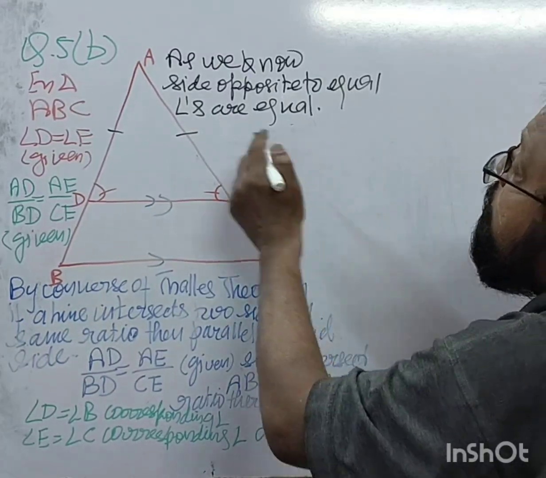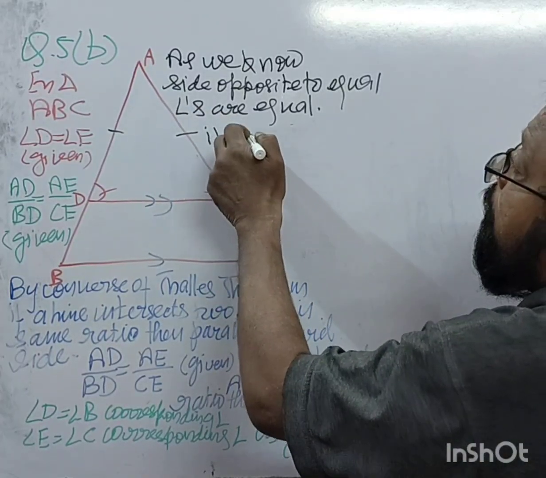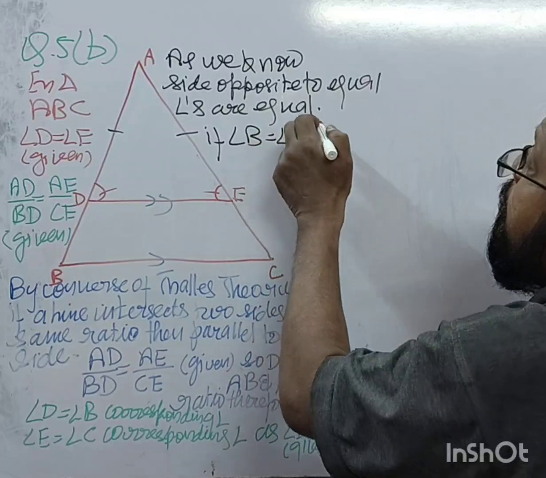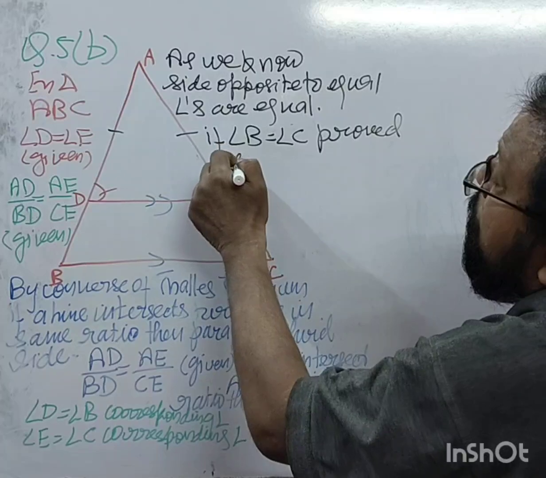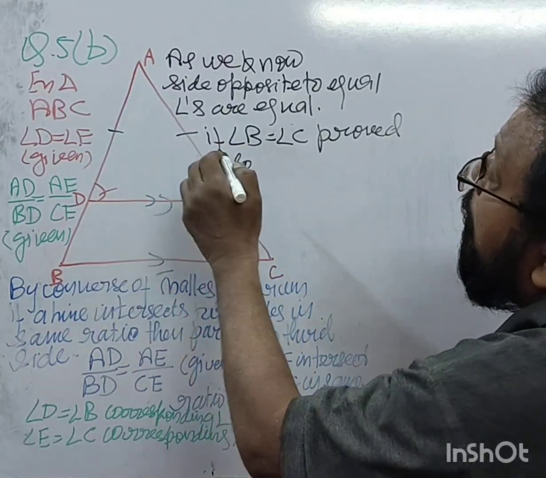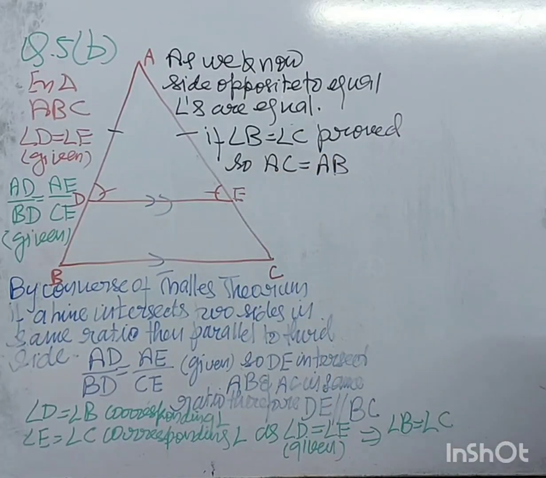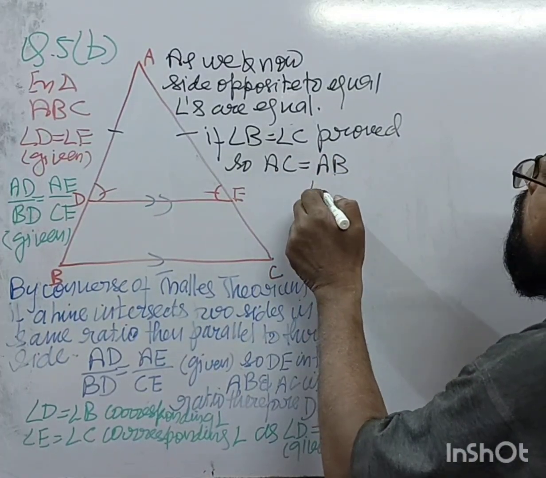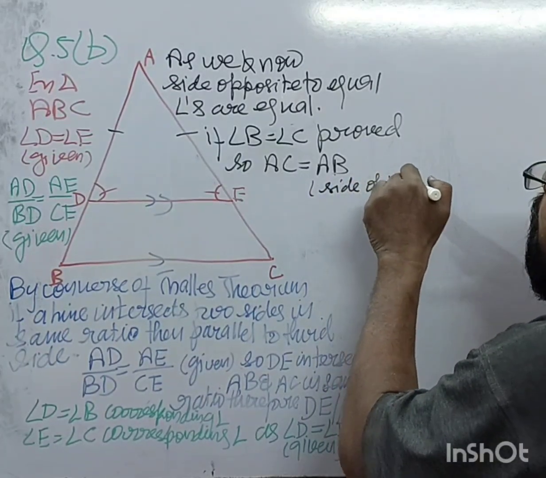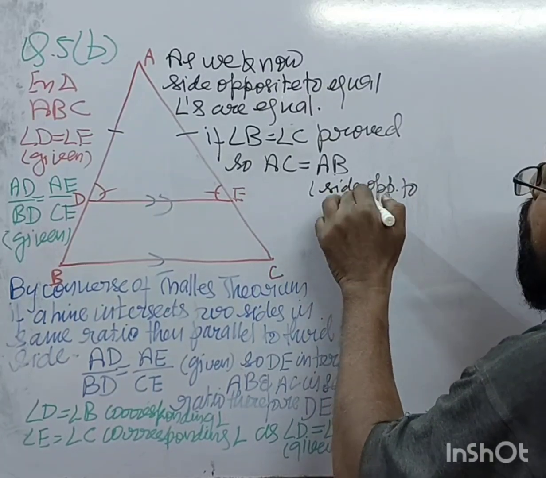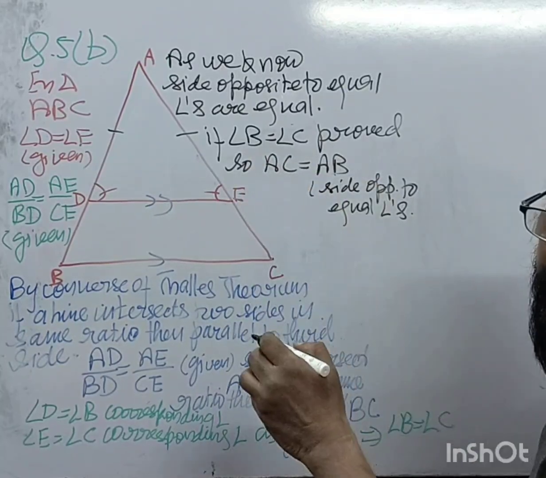Sides opposite to equal angles are equal, and if angle B is equal to angle C, proved, so AC is equal to AB, right? Side opposite to equal angles. So AB is equal to AC.